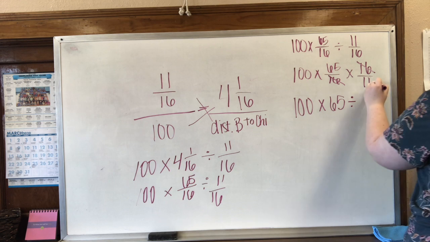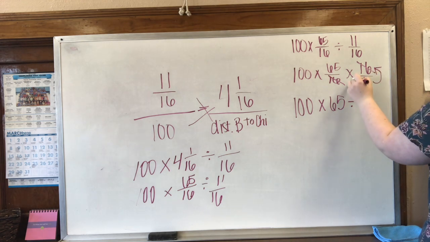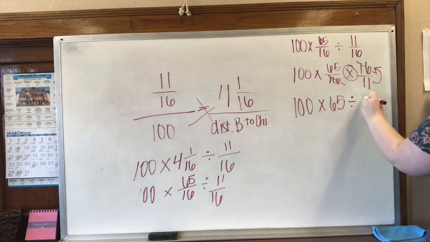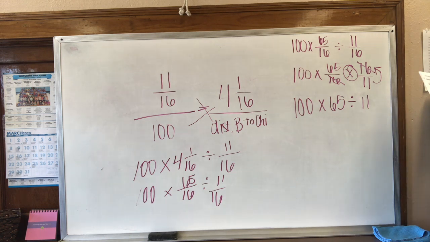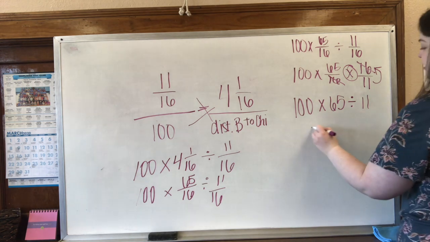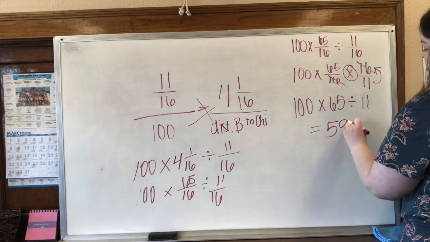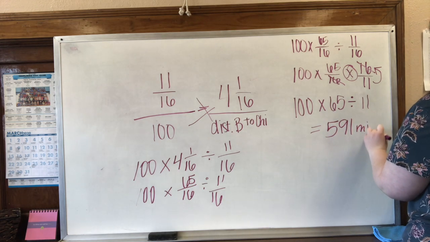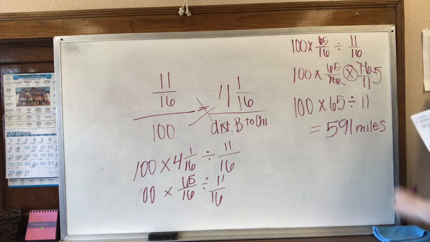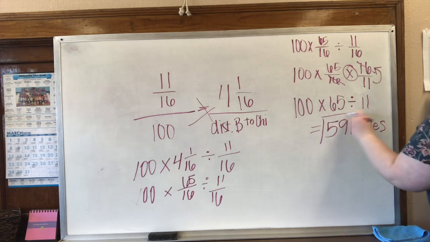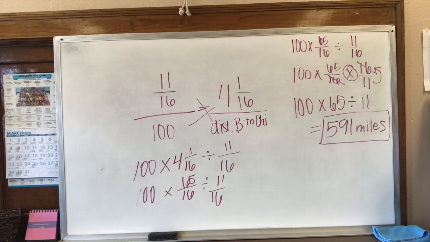Since it's moving back up, you have to switch this sign as well. Divided by 100. Your final answer is 591 miles. Okay? That's the example problem.